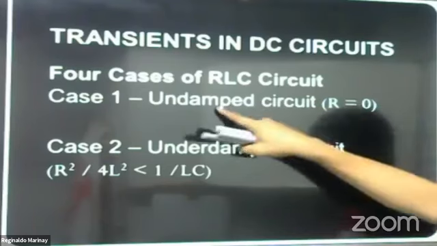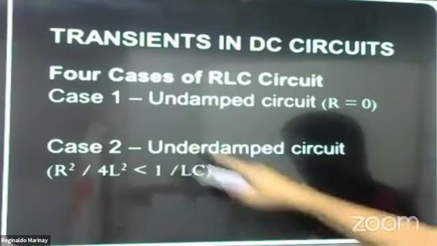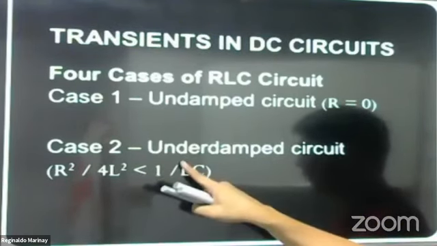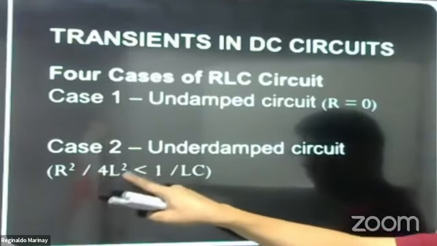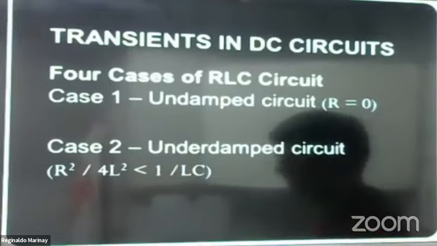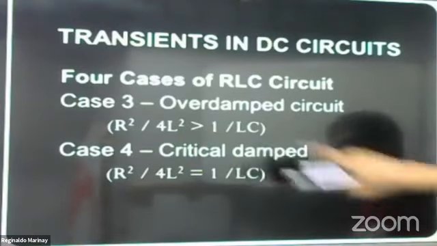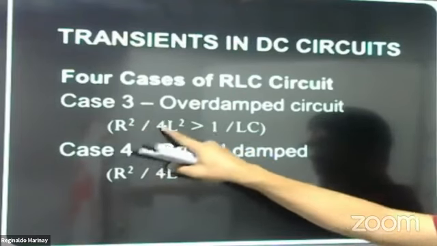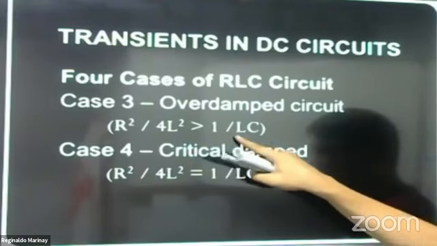Undamped, of course. Case 2, underdamped circuit. If we mean under, this should be less than. Therefore, if this is over, that should be greater than. That is R squared over 4L squared less than 1 over LC. Case 3 is overdamped, which I mentioned earlier. It should be greater than: the ratio of R squared over 4L squared must be greater than 1 over LC.